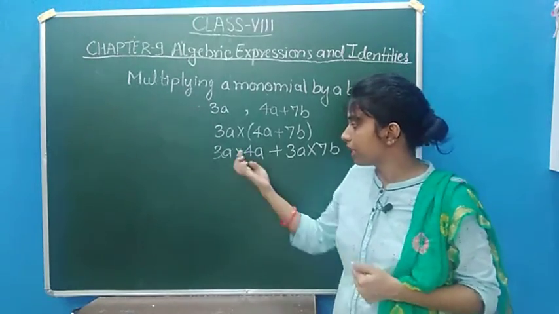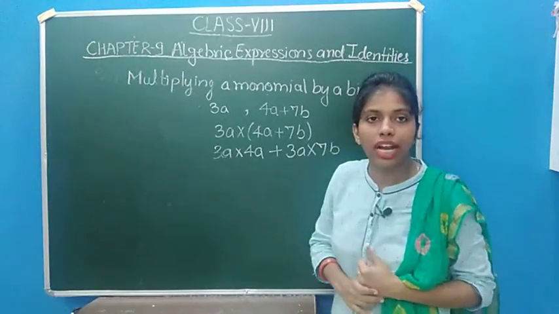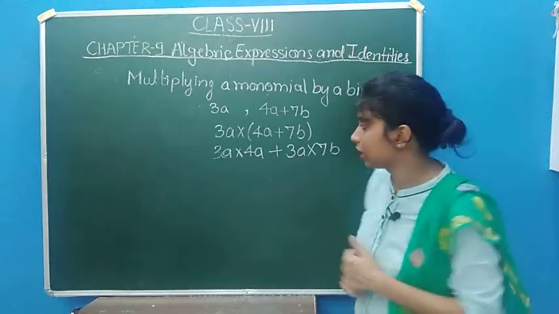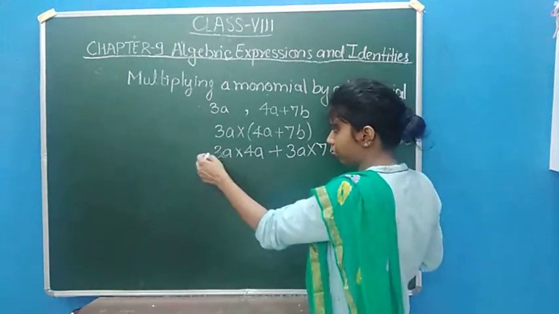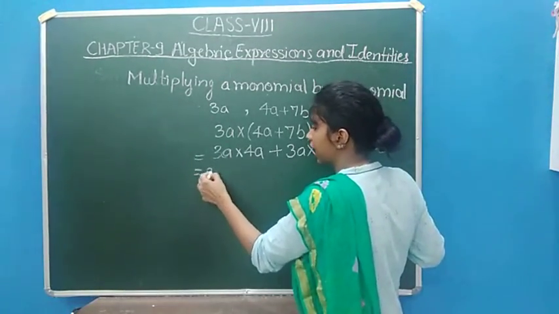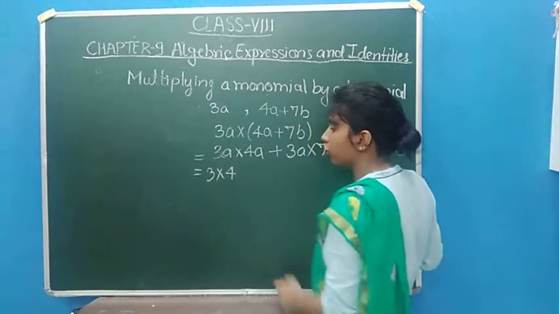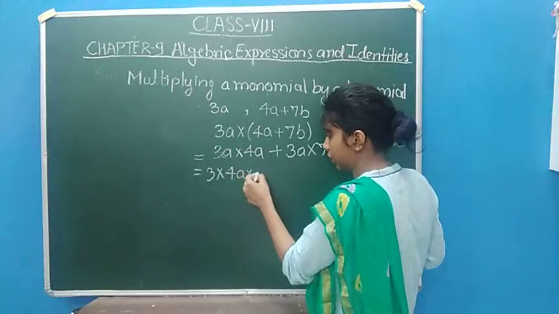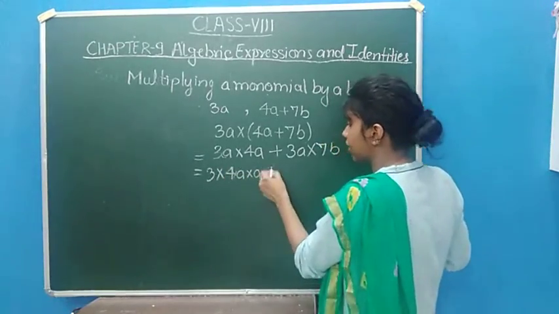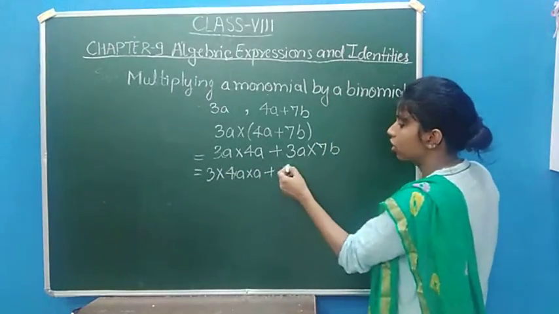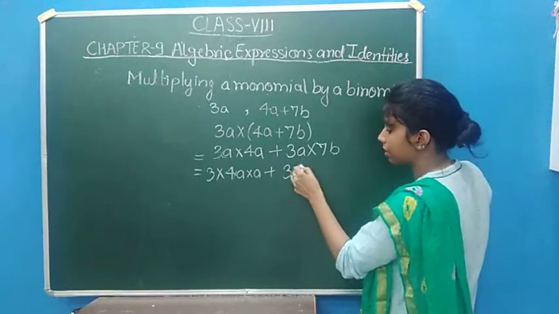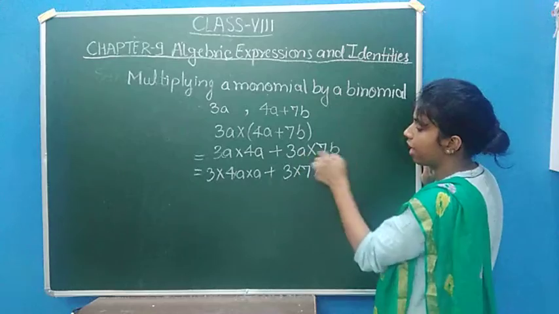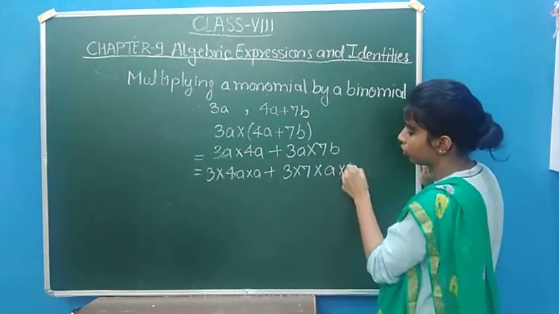In multiplication of monomials we multiply the coefficients with each other and the variables with each other. So here 3 into 4 for the coefficients, and the variables a into a. Then plus, similarly 3 into 7, and the variables a into b.